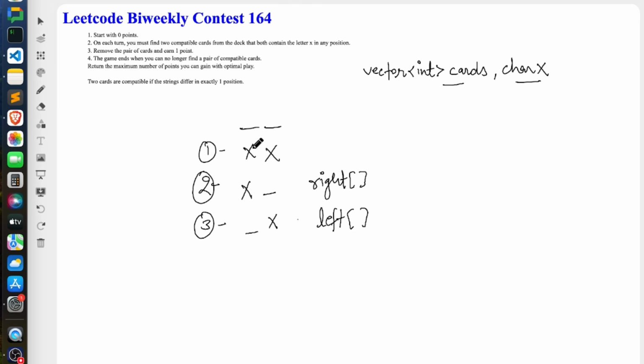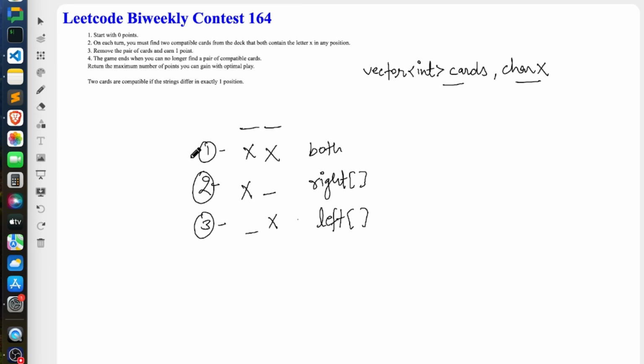And we store the count of cards that have both characters equal to X in a variable called both. So both will tell you how many cards have both characters equal to X. Now in the problem, we have to find the maximum number of compatible pairs, and compatible pairs means they differ in exactly one position.